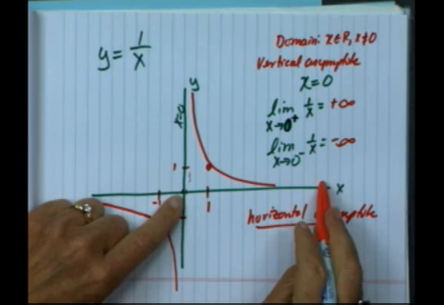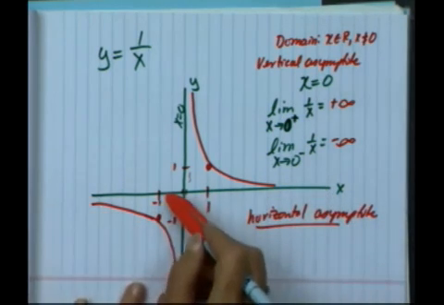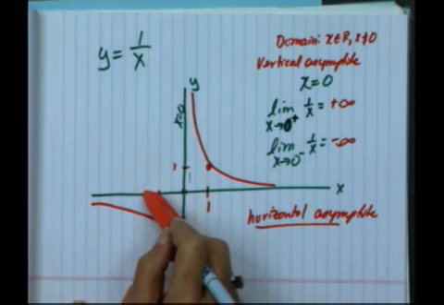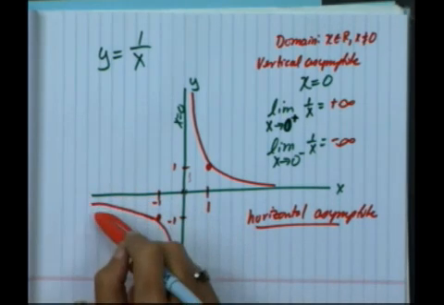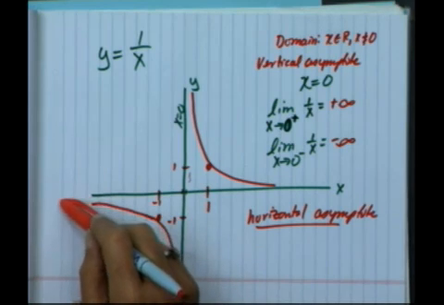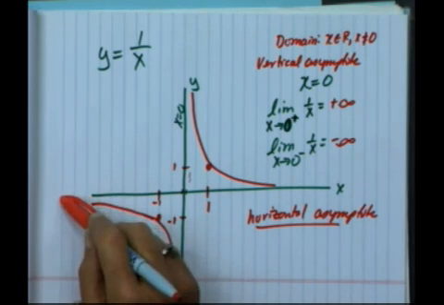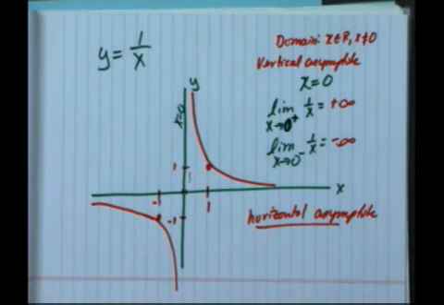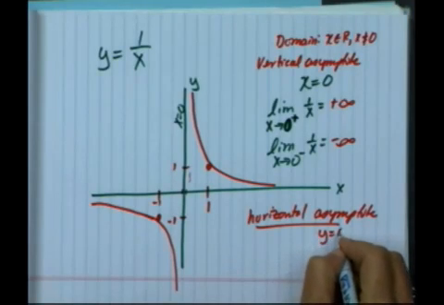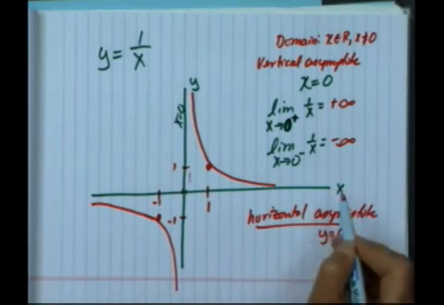Y is getting very close to 0, correct? And as x gets really, really small, what is this y value getting close to? 0. So as x gets real big or x gets real small, the y value gets close to 0, we would say y equal to 0 is our horizontal asymptote.